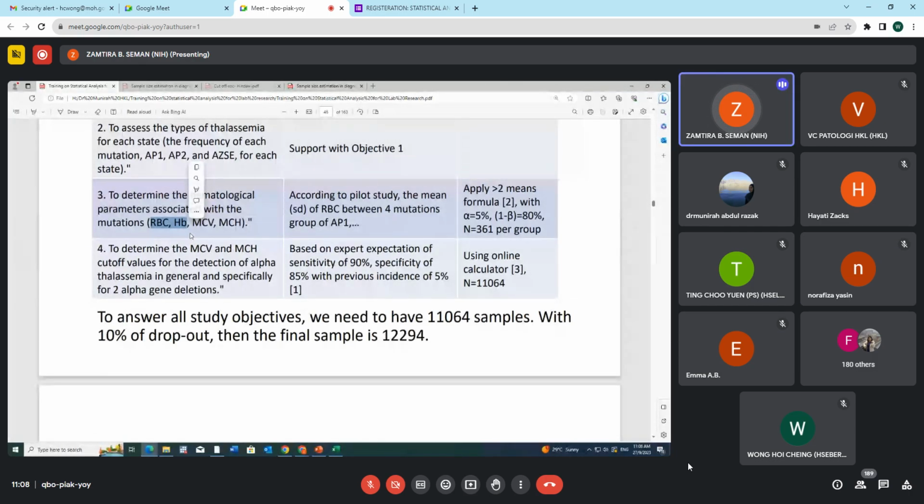If it is positive, meaning to say when we run linear regression, an increase in RBC will lead to an increase in HB. One unit increase in RBC, how many times will HB increase. Something like that. If we take RBC as our outcome, and then we have male and female, it will be interpreted that male will have RBC higher by how many times compared with female. If this one is single mutation, this one is two mutation, deletion.